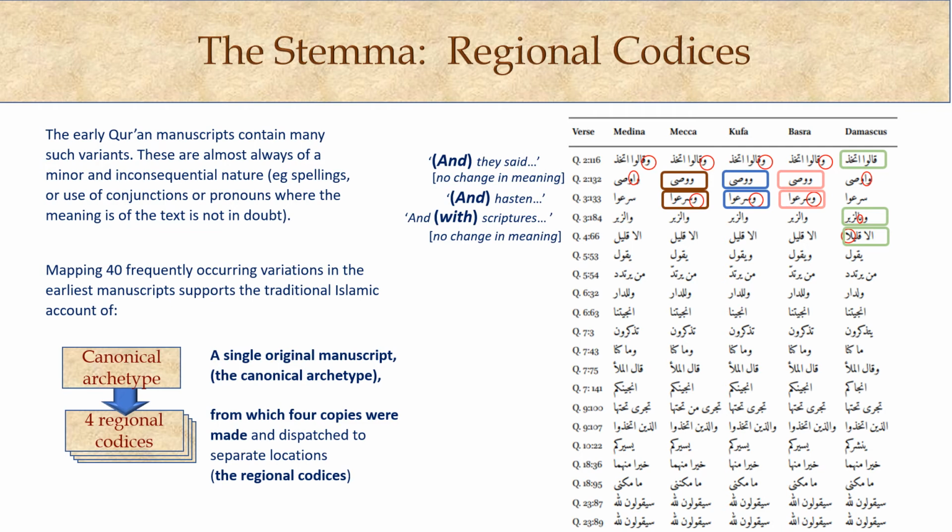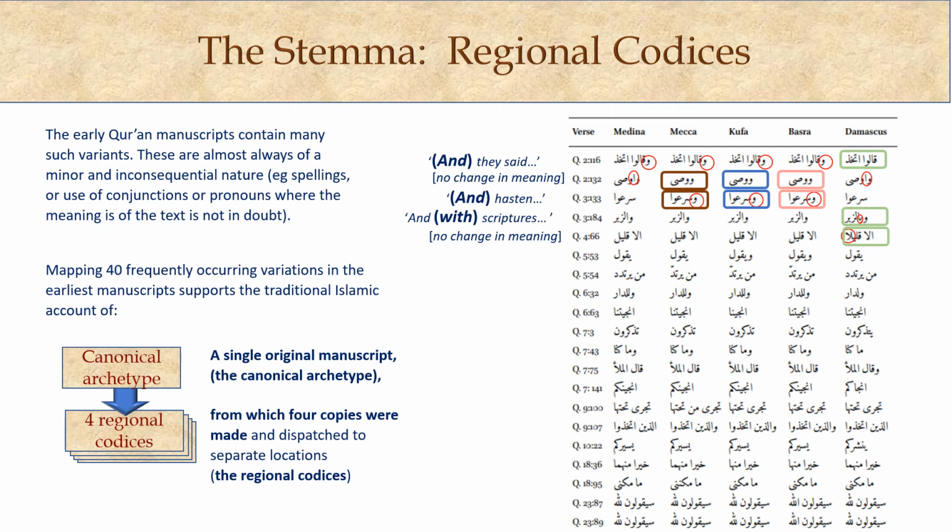Now, even in these 5 examples, a certain pattern becomes clear. The Meccan, the Kufan and the Basran manuscripts in all of these 5 all have the same text. The Damascus is the most likely to be an outlier, most likely to go its own way, which it does in the 1st, the 4th and the 5th scenario.